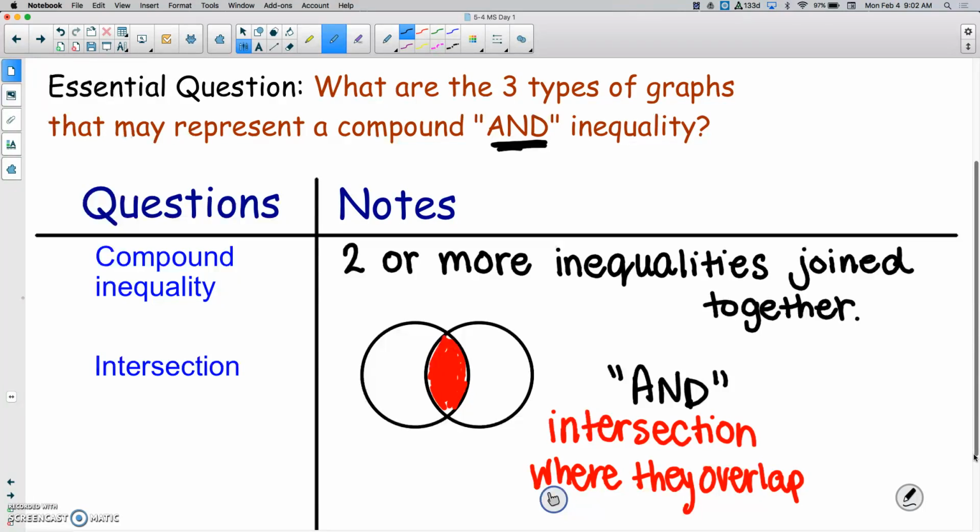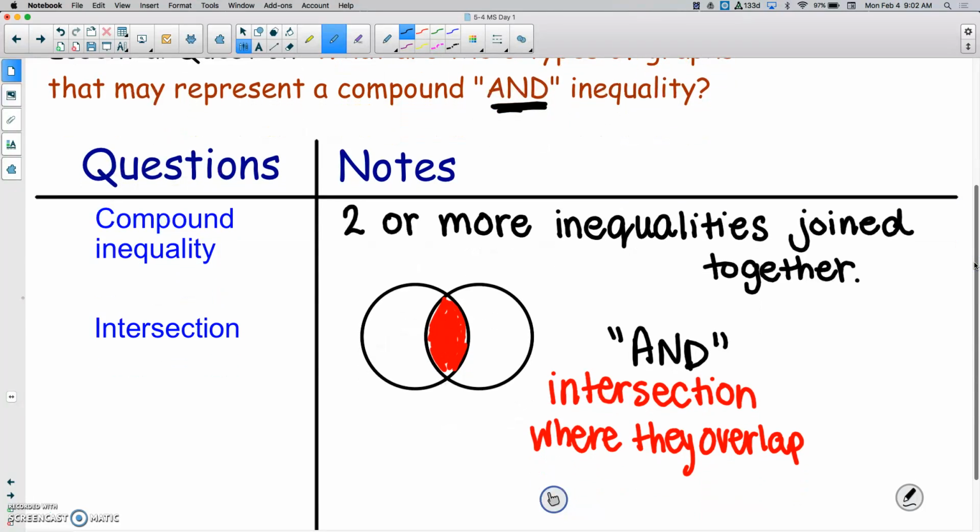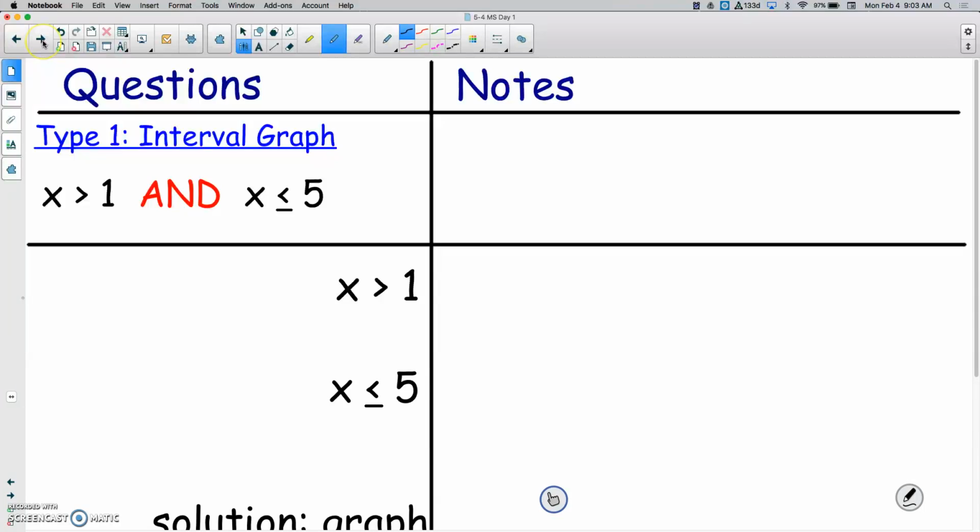It's kind of like when you look at groups of people, like an intersection might be taking the 8th grade class and then taking all of the students that are involved in theater. And the intersection would be the 8th graders that are in theater. So an intersection means that you're part of more than one group. And in this case, more than one inequality.